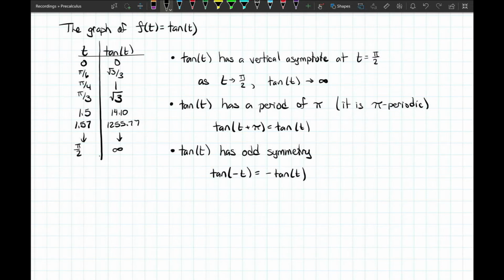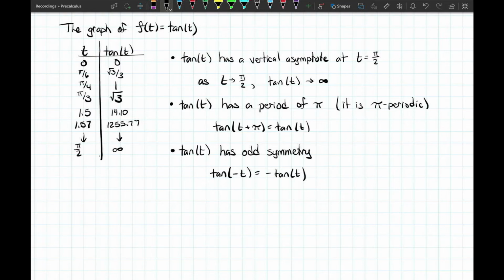Tangent of a negative t, that's maybe going around in the opposite direction, is equal to the negation of the value of tangent of t in the other direction. So in quadrants 1 and 4, tangent has opposite signs, and in quadrants 2 and 3, tangent has opposite signs. So if we go around the unit circle in a different direction, all we have to do is negate the sign of tangent of t in the proper direction.